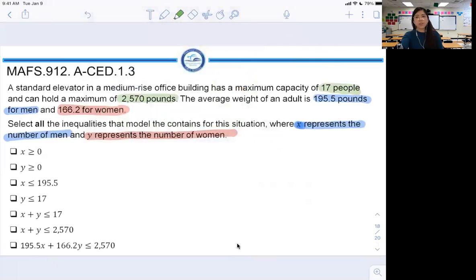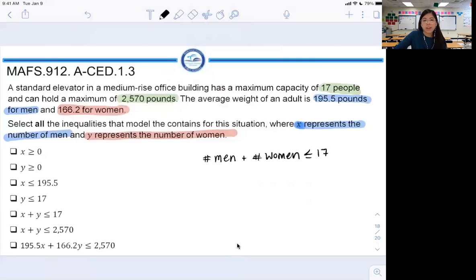Okay, so there's one inequality for the number of people, and then there's going to be one for the amount of pounds. So first of all, I know that if I can only have 17 people, the amount of women plus men has to be less than or equal to 17.